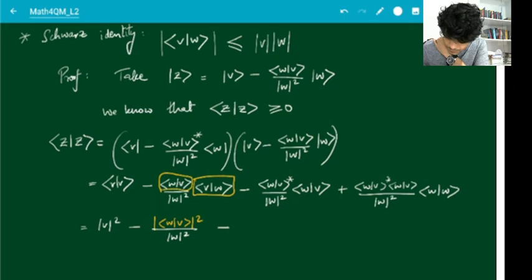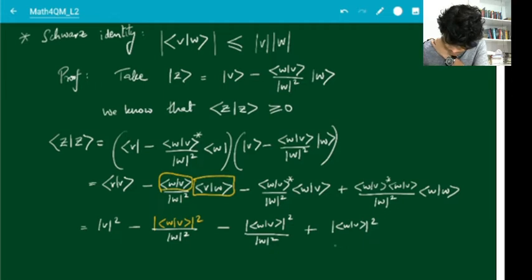Same thing is happening over here. w v star w v, so this is also w v squared, plus, again here also w v becomes mod squared.